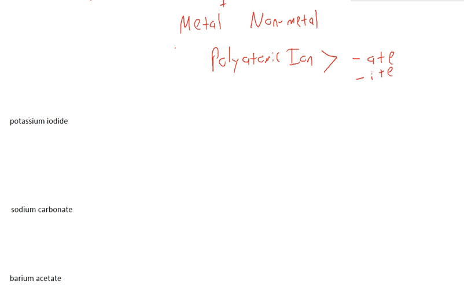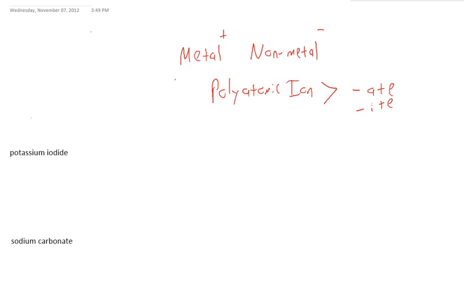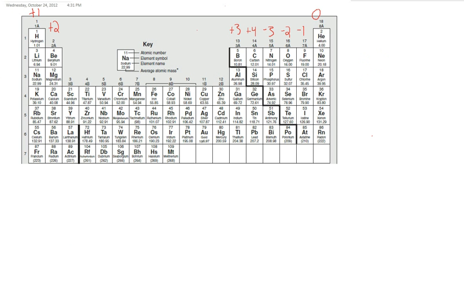So if I find potassium, potassium is an element. It's on the periodic table. We can find that right here. It's element number 19. And if we look to the top right here, I have the oxidation states for each element. So you can always tell for these groups what charge ion they're going to make. Things in group 1 make a +1, things in group 2 make a +2.